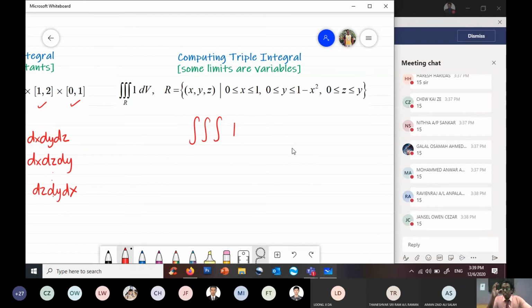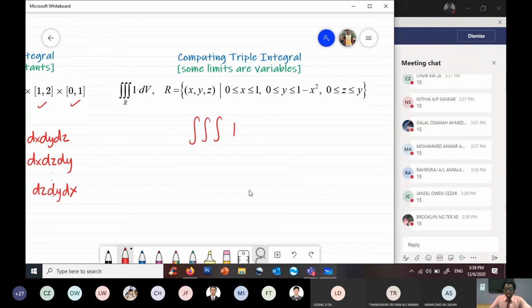The idea is that, again, you have to make your own judgment. I see that from the question, if I integrate z first, and then I substitute my z to be 0 and y, can you see all the z disappears? The only thing that remains is 0 and y.